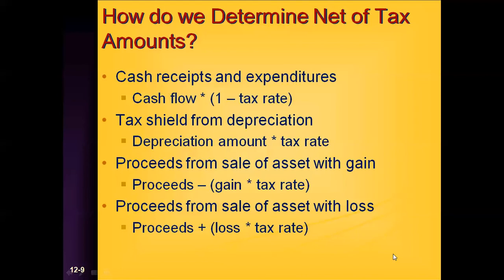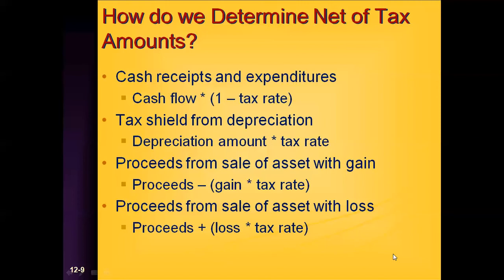Hey, we ended on this particular slide in our last video where we were talking about determining the net of tax amount. So basically, the cash receipts or expenditures that might be involved in an investment decision, future cash flows, but taking into consideration the tax rate.